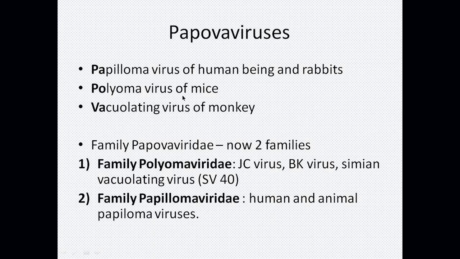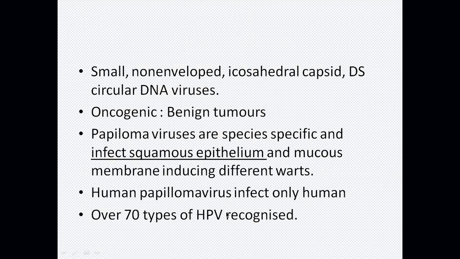So now this Papova group, containing three viruses, has only the two families Polyomaviridae and Papillomaviridae. Morphologically, they are small non-enveloped icosahedral capsids with double-stranded circular DNA. So that is almost similar to the previous two viruses.